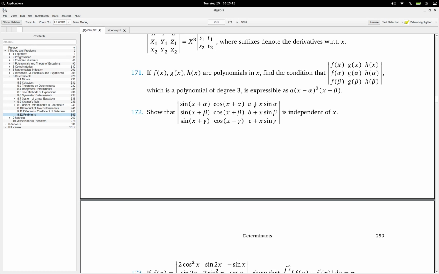Okay, so let me see if we differentiate with respect to x. This column becomes sin alpha, sin beta, sin gamma. No, columns won't be differentiated. First we differentiate the row. This becomes cos x plus alpha. This becomes minus sin x plus alpha.